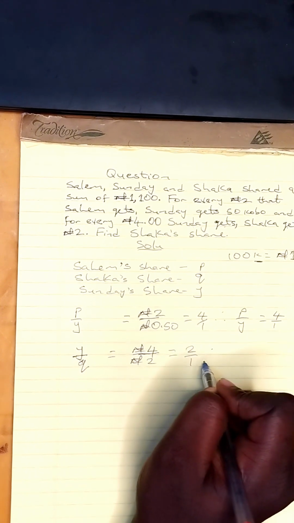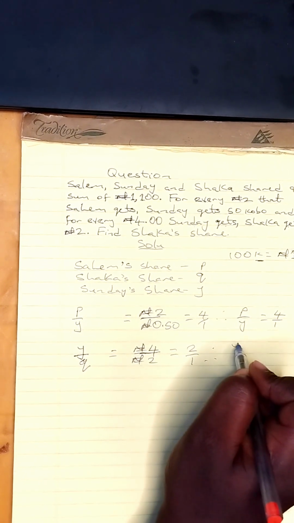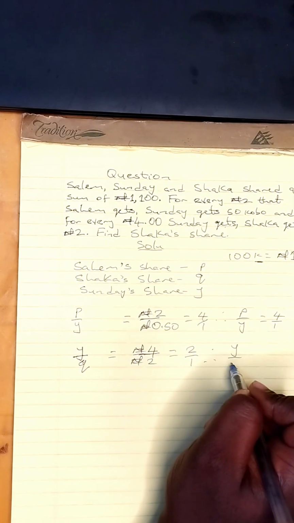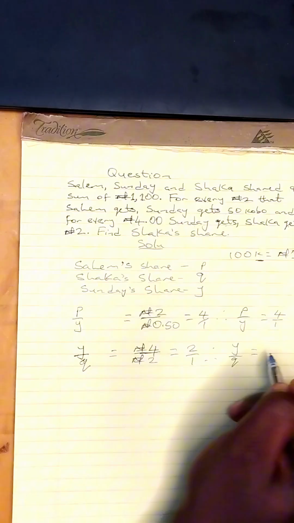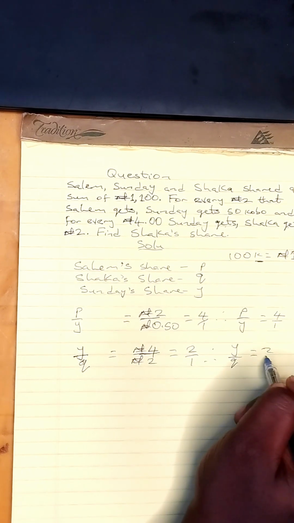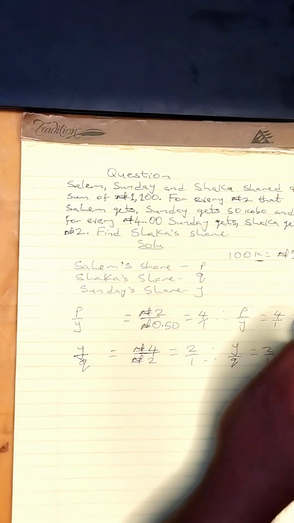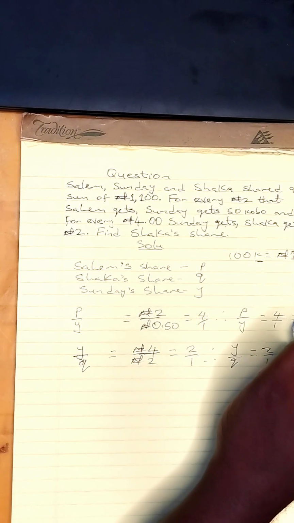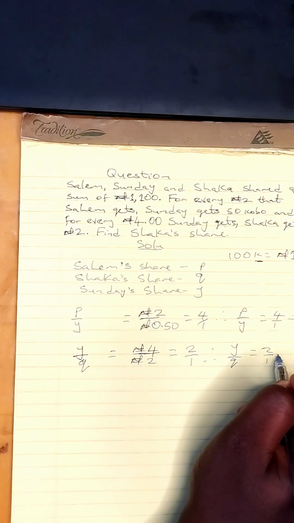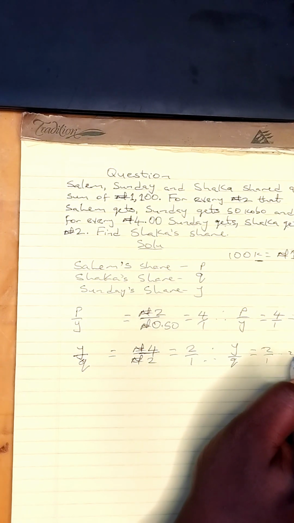So therefore, Y over Q is equal to 2 over 1. We call this equation 1. We call this equation 2.